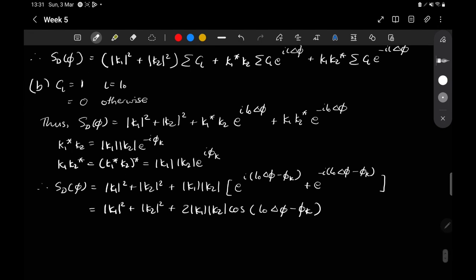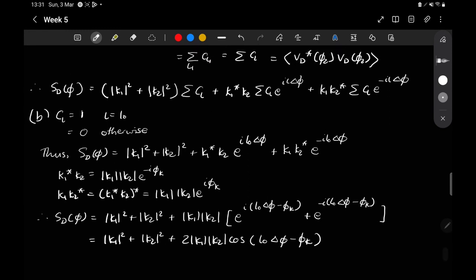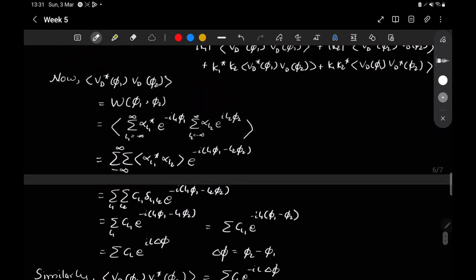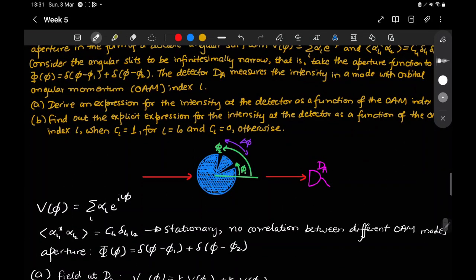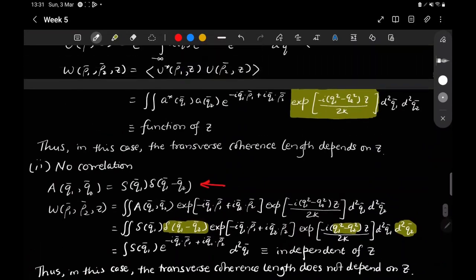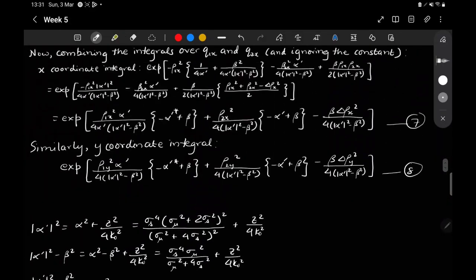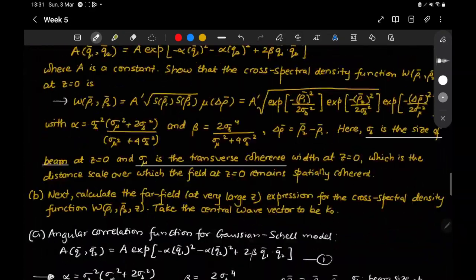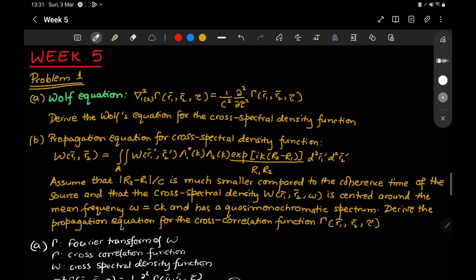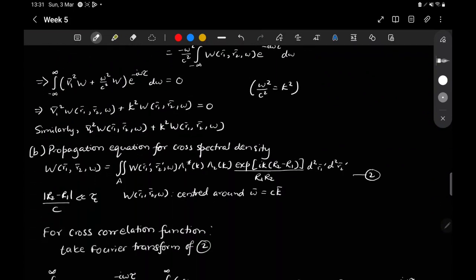So this is the final expression for the intensity at the detector given these conditions. So this completes the problem involving the double angular slit and the field at the detector as a result of this interference. And with this we have also completed the problem set that we had started in the last week. So we had started with this particular week 5 problem set, but we could not complete it. So right now we have completed it.